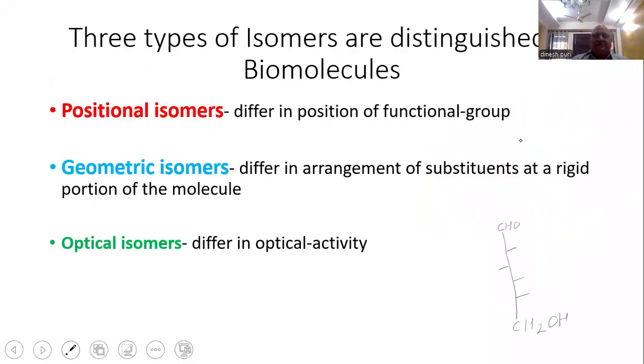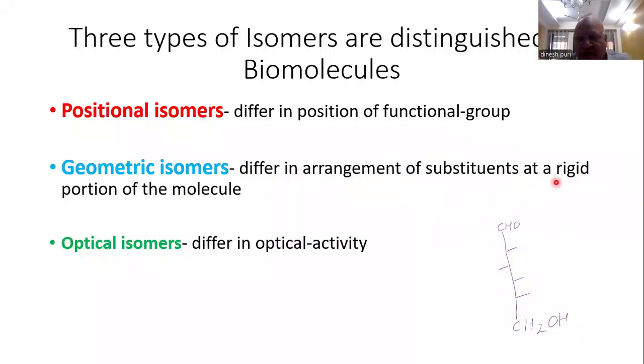Two other types we are going to discuss apart from positional: geometric isomers and optical isomers. Geometric isomers differ in arrangement of substituents at a rigid portion of a molecule. Now, this is glucose. This carbon skeleton is the rigid portion, and these lines show the position of the hydroxyl group.